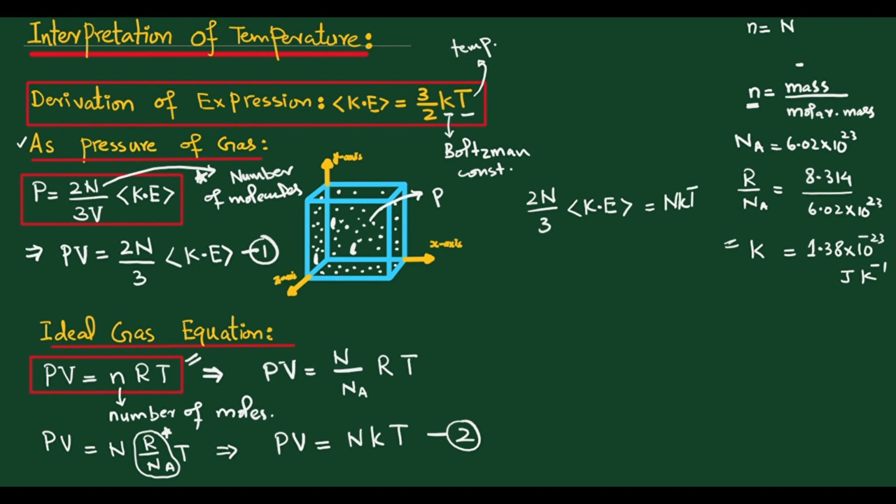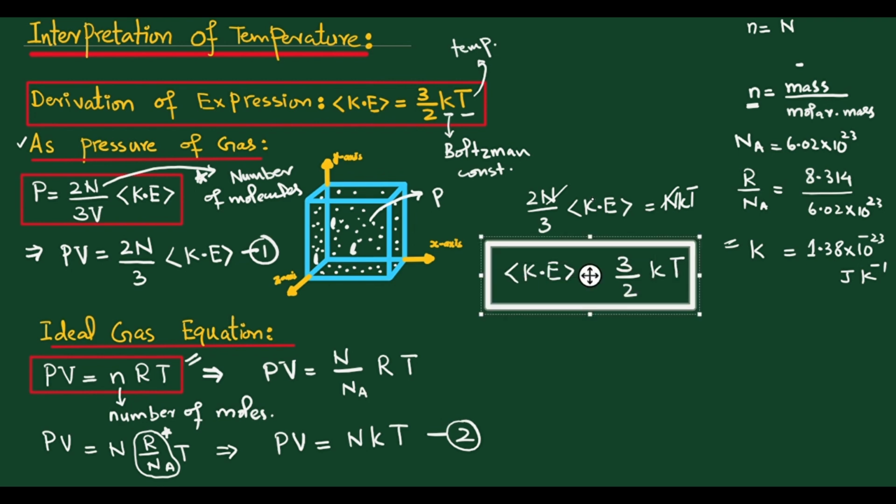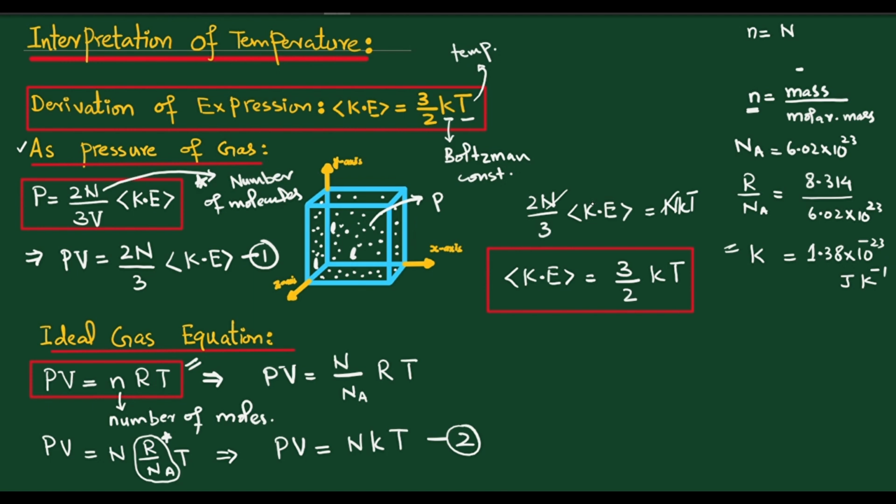The capital N from both sides will be cancelled out. We are left with the average kinetic energy equal to 3/2. This 3 and 2 are multiplied on the other side of the equation, and we get 3/2 kT. In this equation, the average kinetic energy is equal to 3/2 kT.